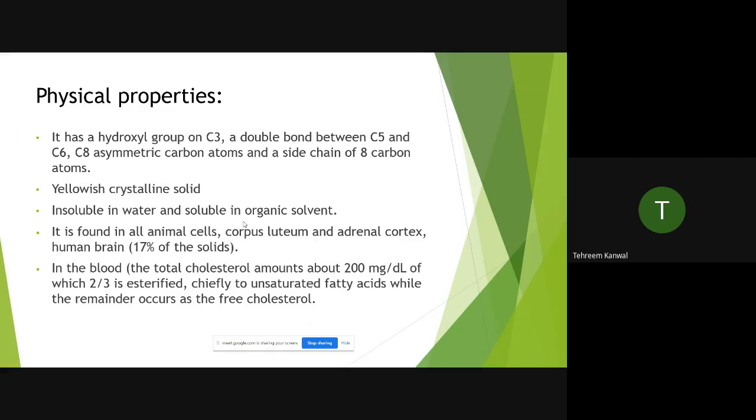Sorry, water insoluble vitamins and minerals. It is found in all the animal cells, corpus luteum, adrenal cortex, and human brain. About 70% is present in the human brain.